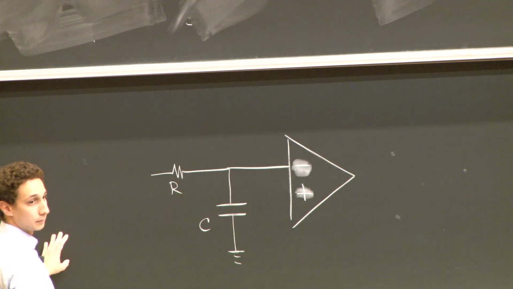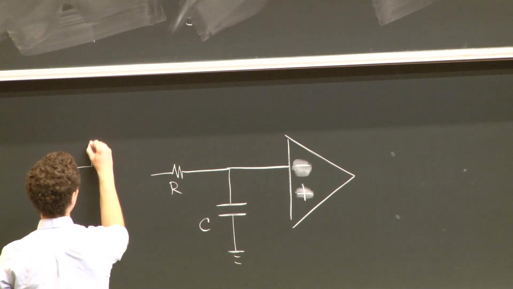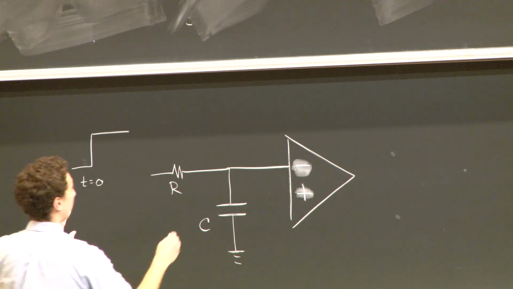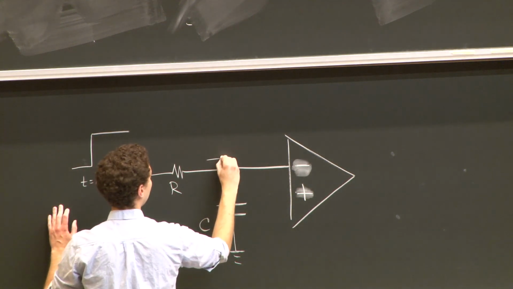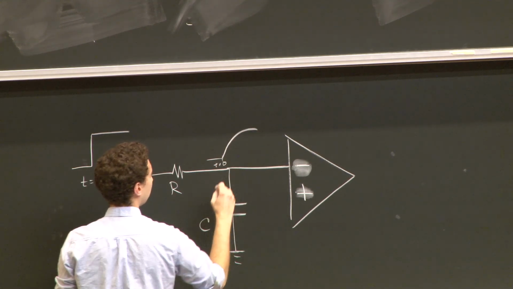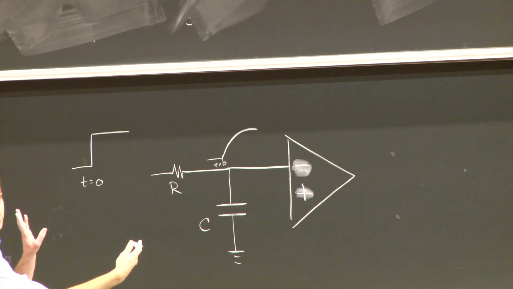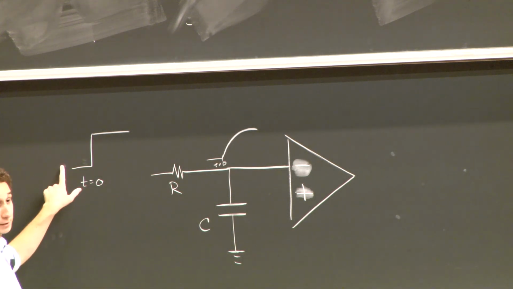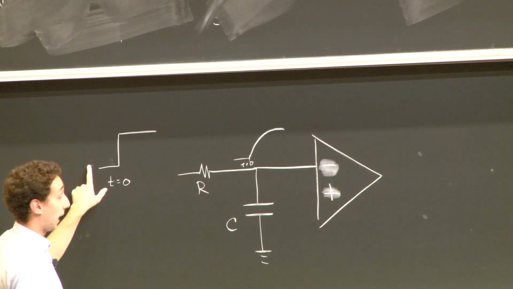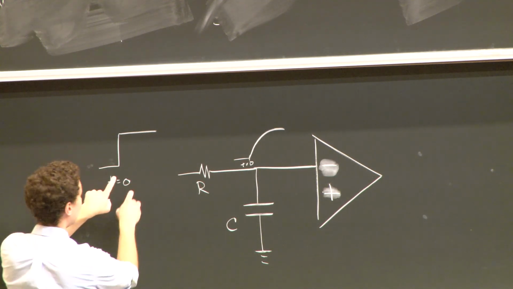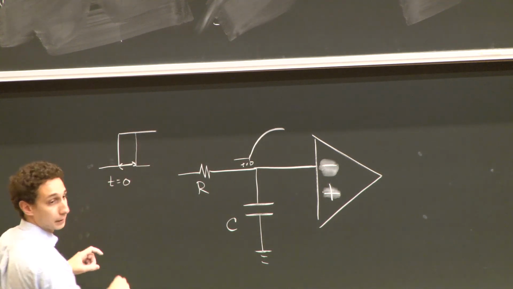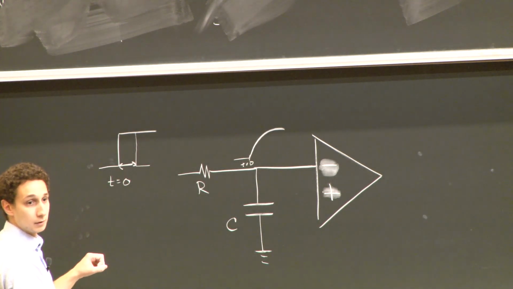Negative and positive. If I have some switch that happens at time t equals 0, this voltage will look like this. Here's time t equals 0. And it'll happen at some point after the actual switch here happens. If I then feed back an inverted version of that, what'll happen is, depending on whatever that delay is, I'll have a sign flip in my voltage. Okay?